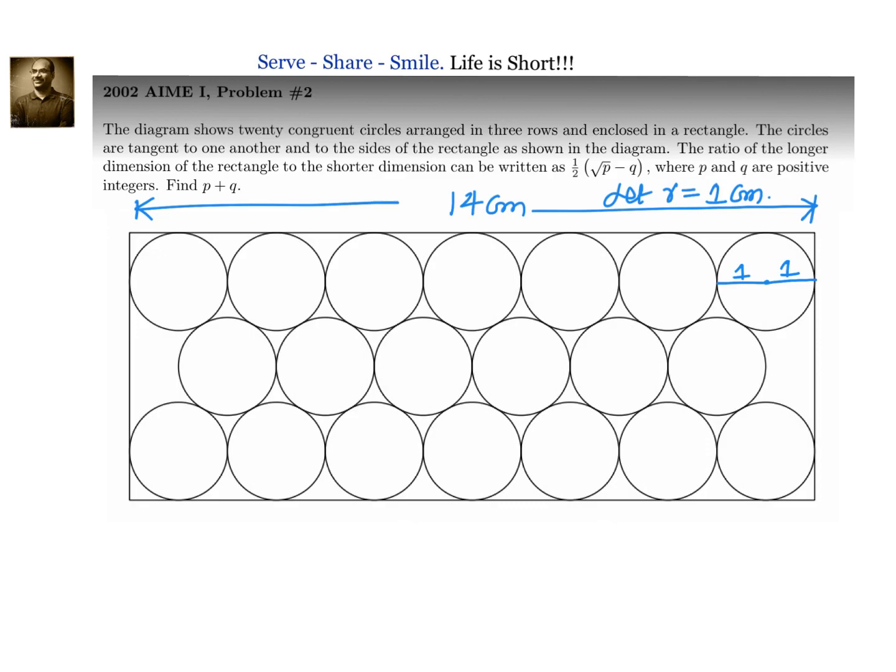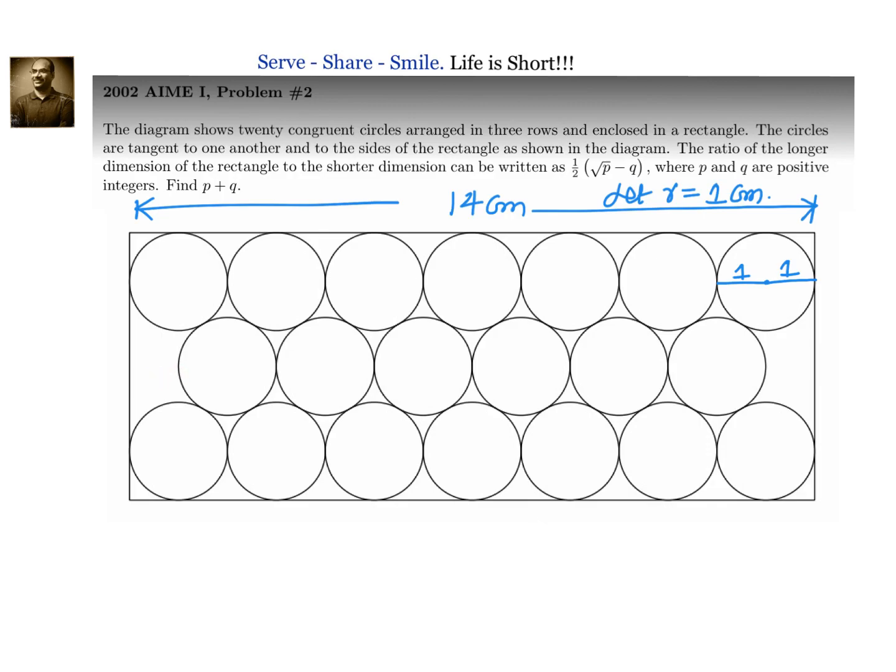The problem comes when we have to find out the breadth. So for that, let's go to the middle row and see how many circles are there. 6 circles are there. 6 twos are 12, right? That means this distance is equal to 1 and this distance is also equal to 1.